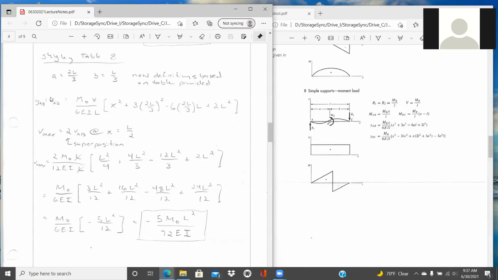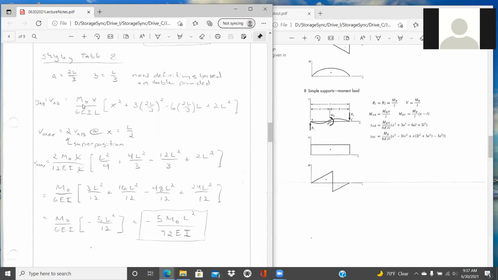And then y of AB is equal to that displacement v of AB from Hibbeler's definition. So it would be our M, they say MB, we have an M0 that's applied.